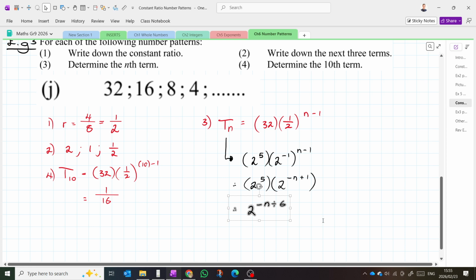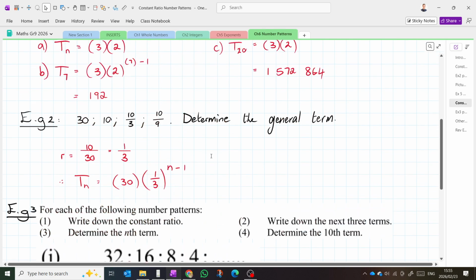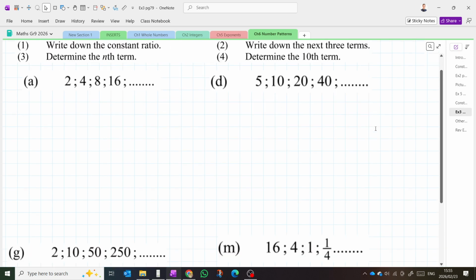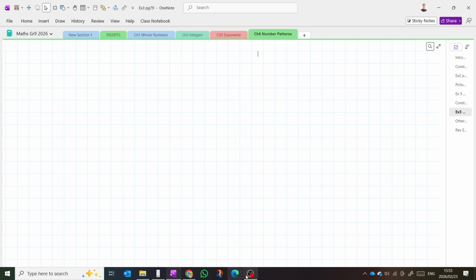Now it doesn't really look like a constant ratio because you can't see your first term or your ratio. It's been simplified just using exponential laws. And what you learned in the constant ratio, we're now going to use in exercise 3. And we're going to chat about the last type of number patterns in the last video for this chapter.